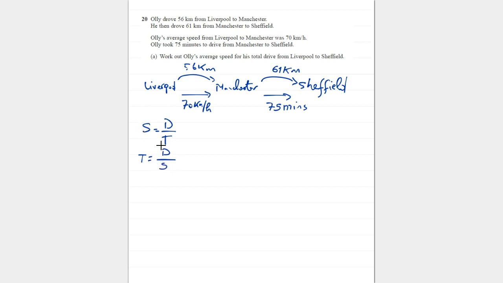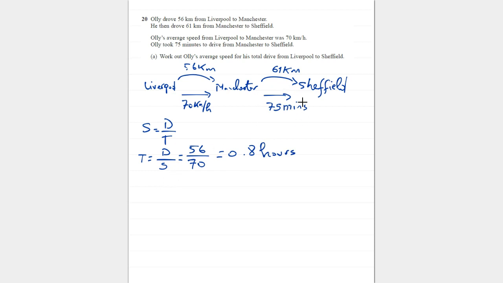You switch these two around. Now for the first phase, if I want to calculate the time it took him to travel from Liverpool to Manchester, I need to do 56 over 70, and that would give me 0.8 hours. Check that in the calculator, of course.